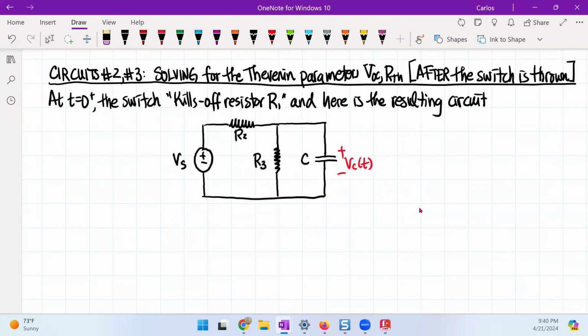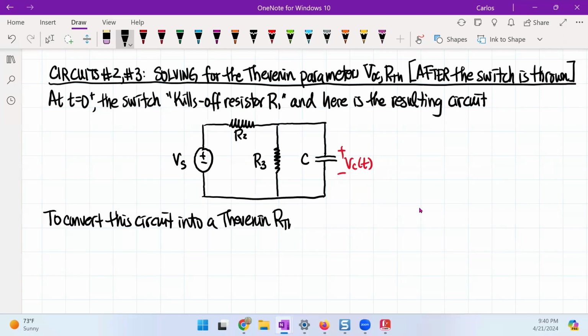Then we could say that to convert this circuit into a Thevenin RC circuit, we need 2 separate circuits.